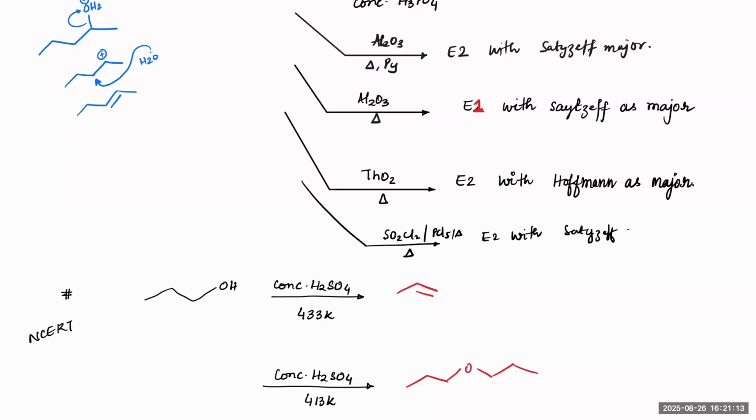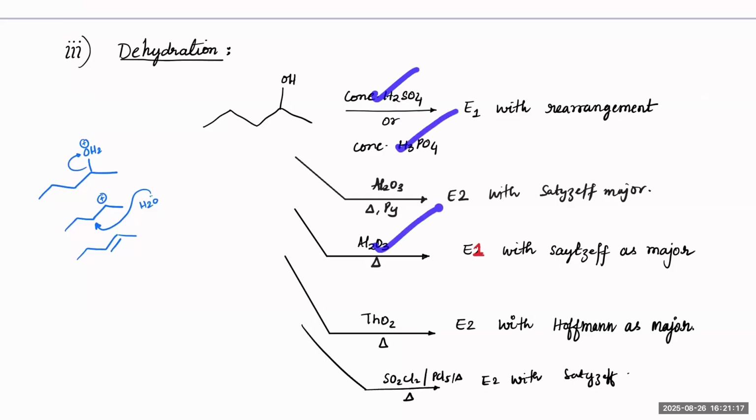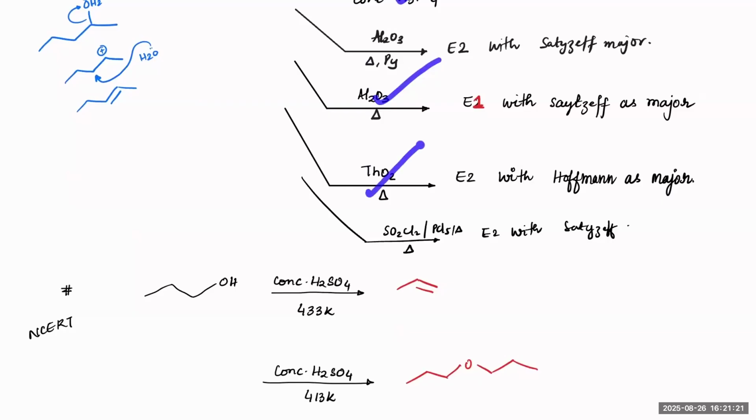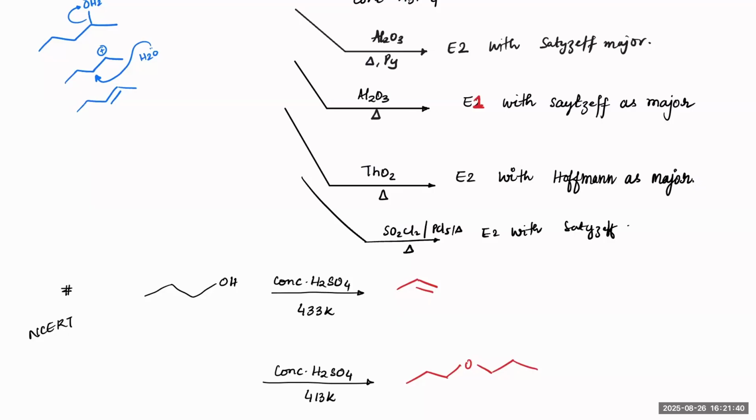So you can notice 1, 2, 3. What are they doing, beta? E1. Thorium dioxide E2, Al2O3 in pyridine is E2, SOCl2, PCl5, these are all E2. Clear, beta? So anything of this is asked. Out of all these E2, again, there is only one exception. The thorium dioxide gives major product as Hofmann, rest all will give Saytzeff.